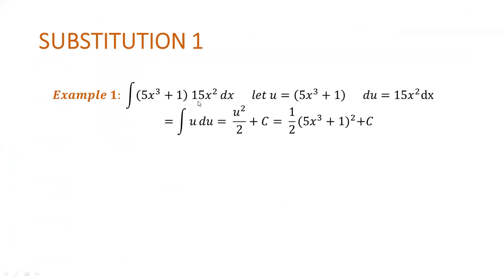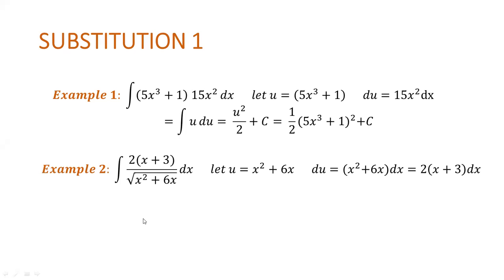And that's the exact thing that you have here. So in that case, you can use the power rule on this entire thing, which is understood to be raised to 1. So your answer would be (5x cubed plus 1) squared all over 2. Why? Because this is your f of x and this is your f prime of x. So you use the power rule in example number 1.